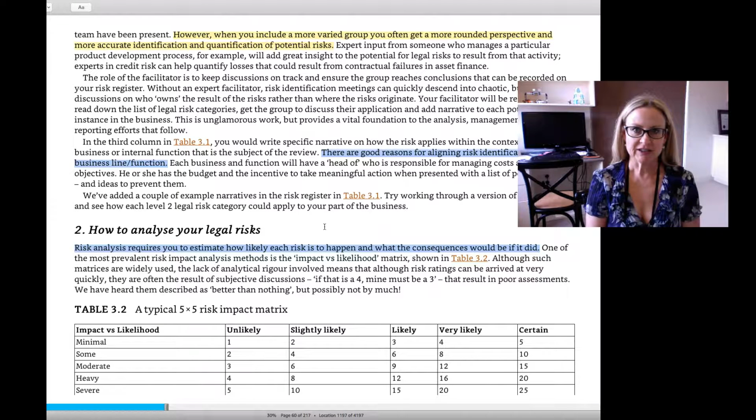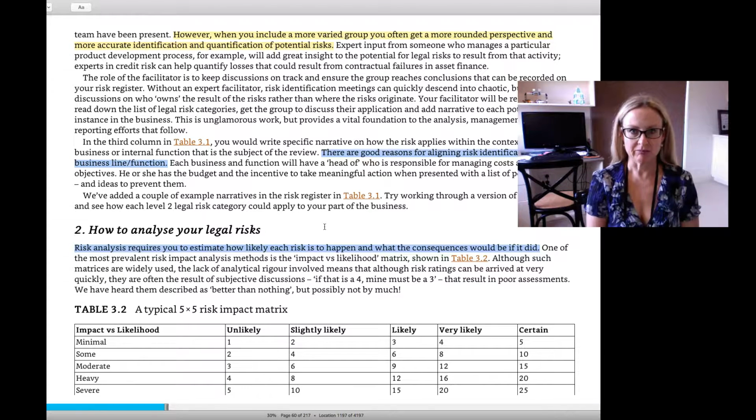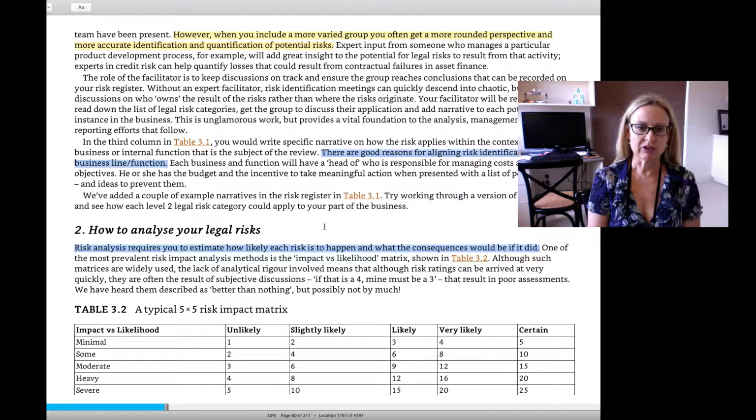And first it runs through what's often used in the marketplace, which is a risk impact matrix. And that just simply involves looking at two things, two benchmarks. The likely consequences of any given risk, how disastrous they would be for the organisation, and also the likelihood that that risk will actually eventuate.